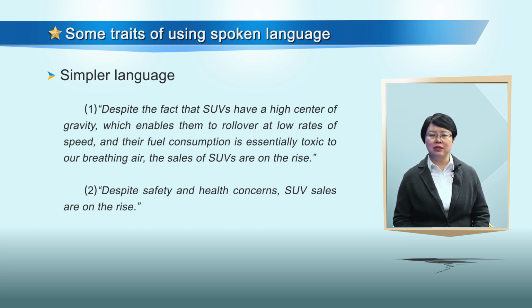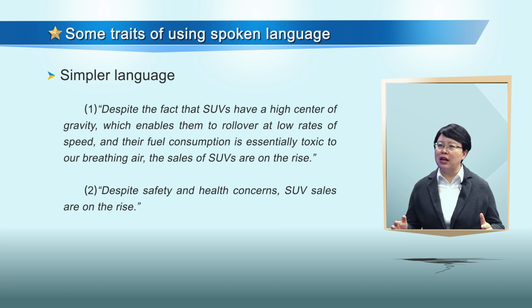The second sentence, despite safety and health concerns, SUV sales are on the rise. Yes, number 2 is more suitable because number 1 is too long and hard to catch when spoken out orally.